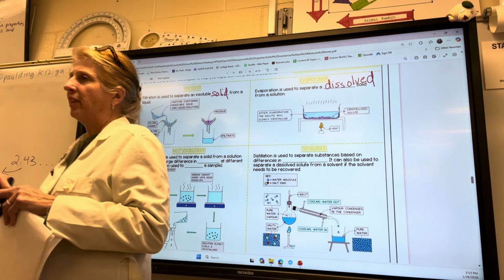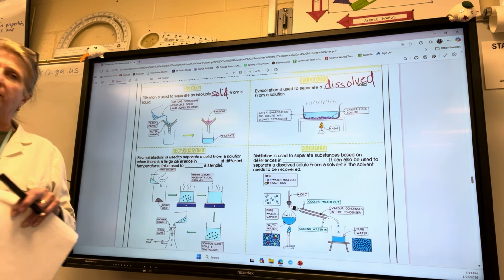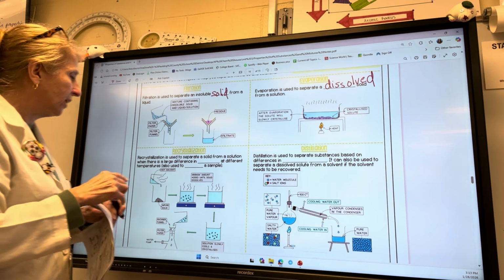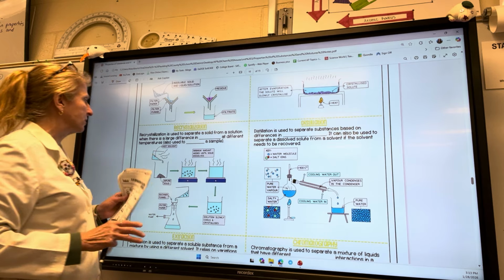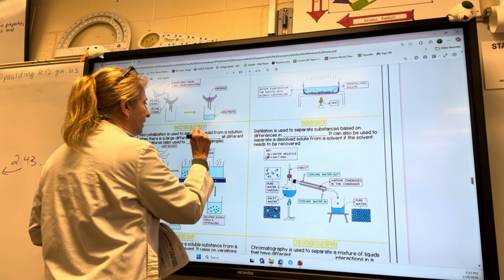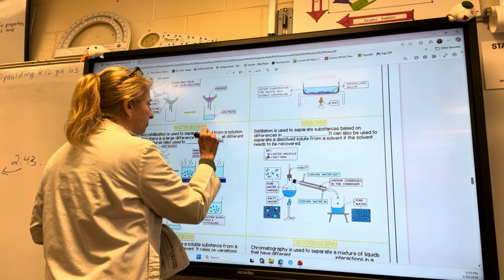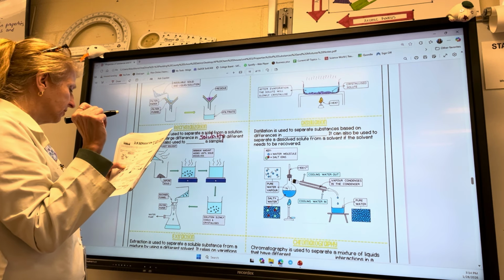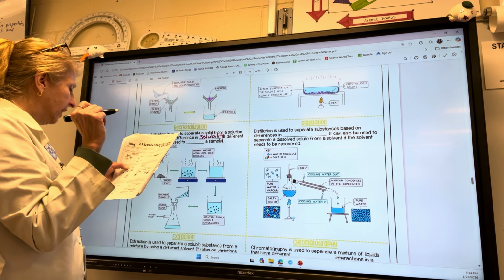Has anybody ever done that with salt water and let it all evaporate and seen the salt crystals? Okay, recrystallization is where you can separate a solid from a solution if there is a large difference in solubility at different temperatures. It's also used a lot of times to purify stuff.